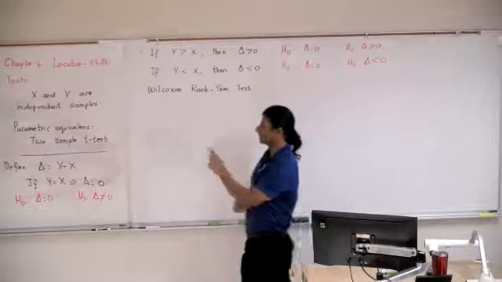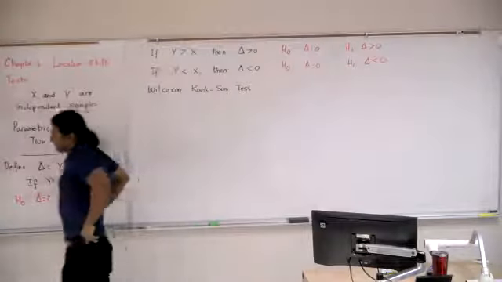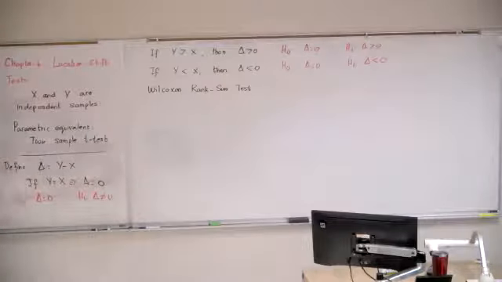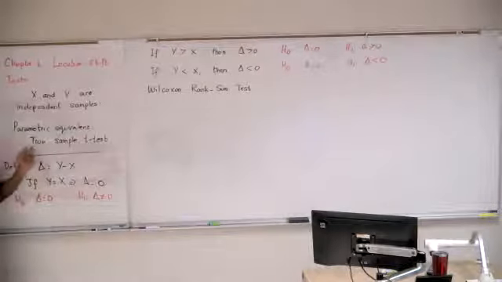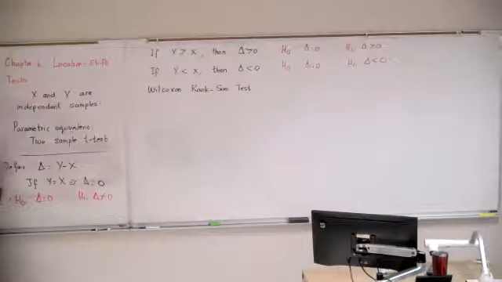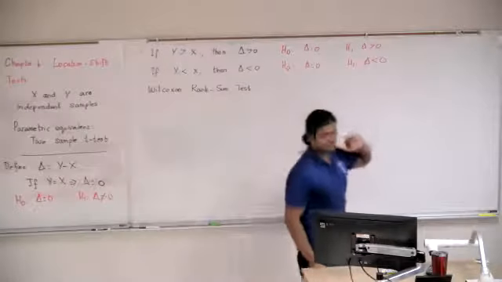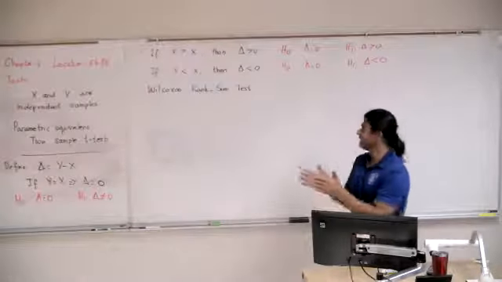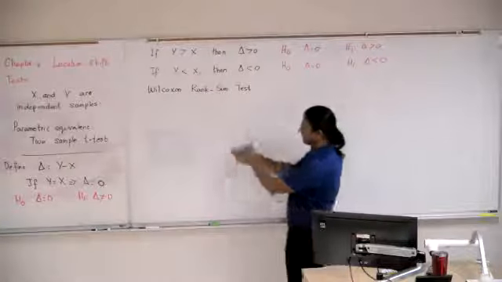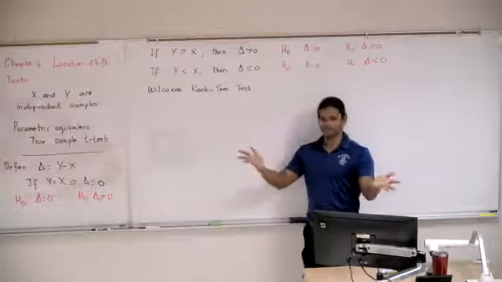Just like in parametric inference, if you Google t-test, you will see a t-test for independent samples and a t-test for paired data. In a similar manner, Wilcoxon's signed rank test is for paired data, dependent samples. Rank sum, on the other hand, is for independent samples.